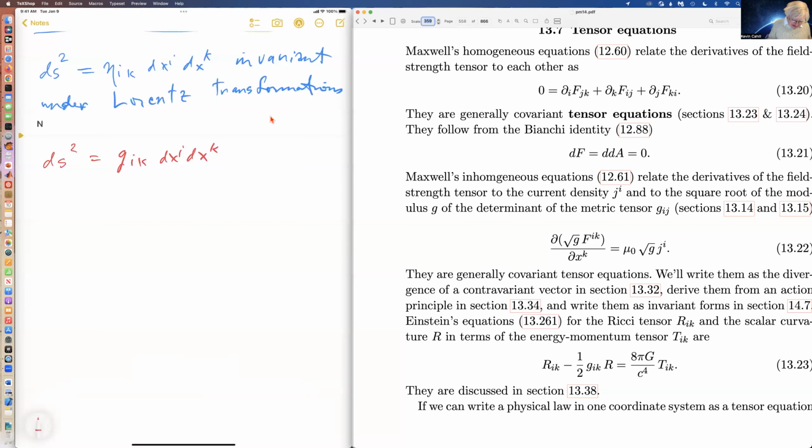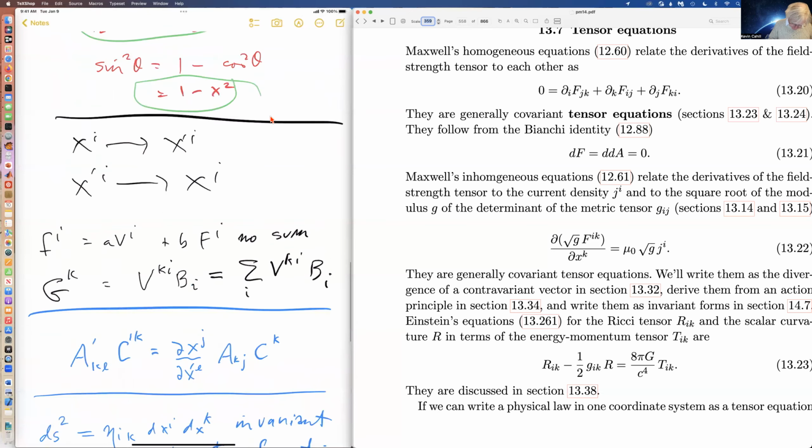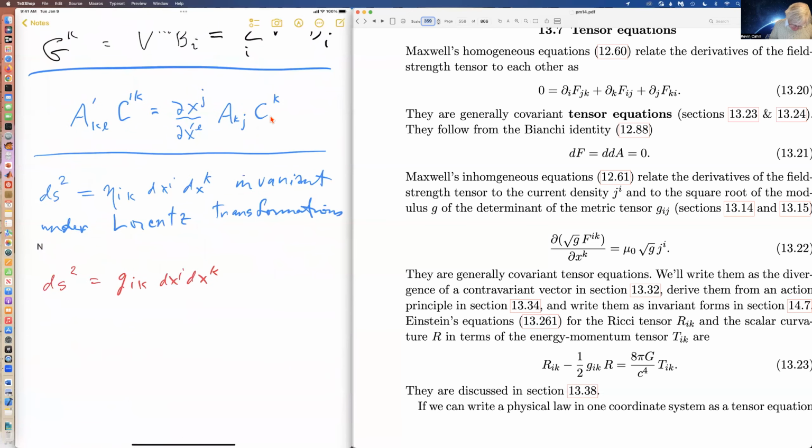In general relativity, this thing is invariant under general coordinate transformations.